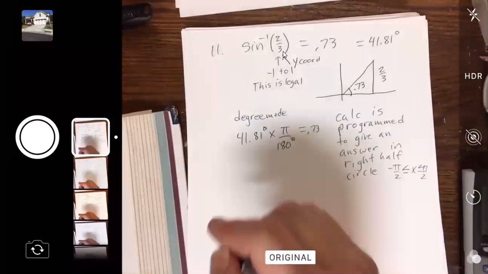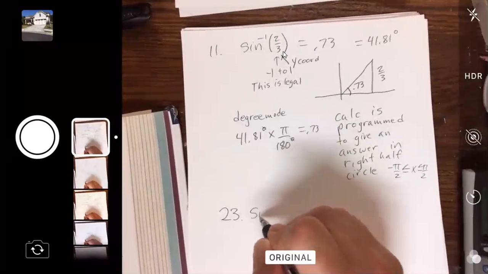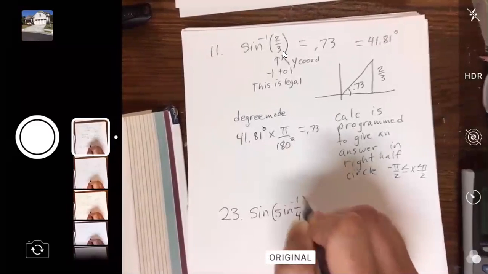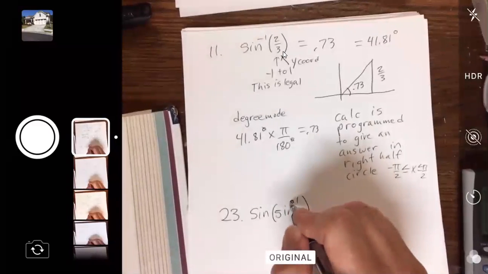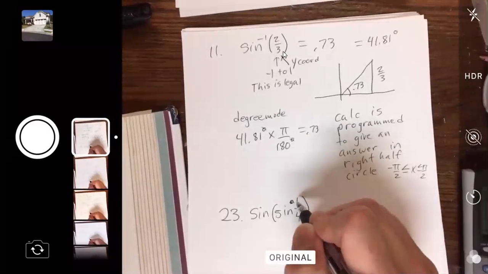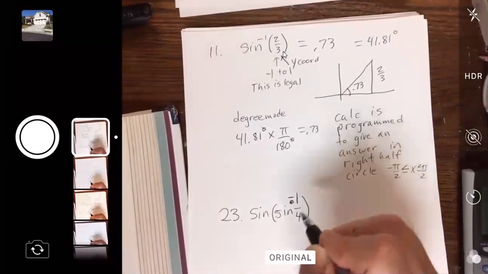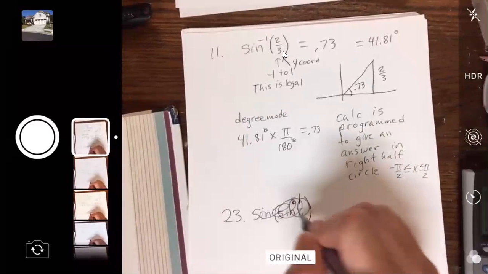Okay. Go down to something like 23, and they're doing both of them: sine of an arcsine of 1/4. Sorry about that. It said 1/4. Oh, that's an arc. Yeah, it is a negative arcsine. Okay, tough morning.